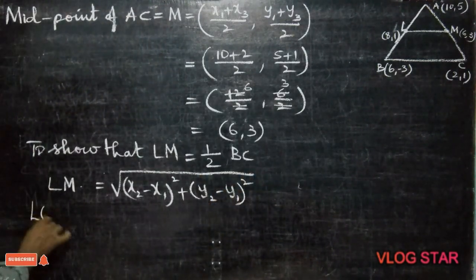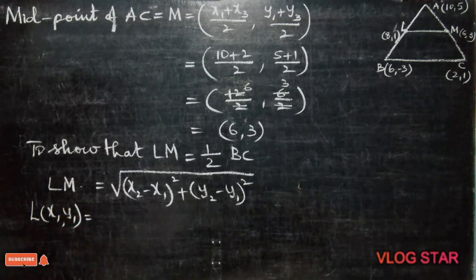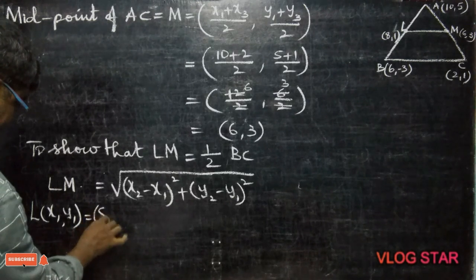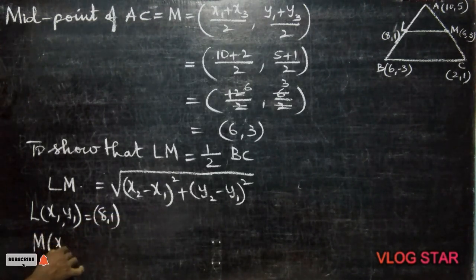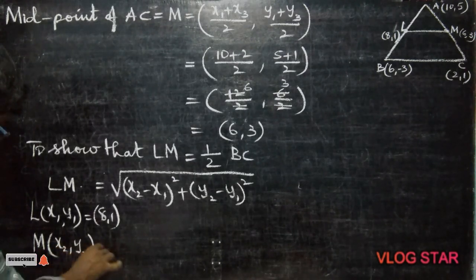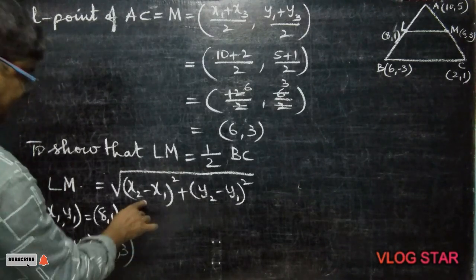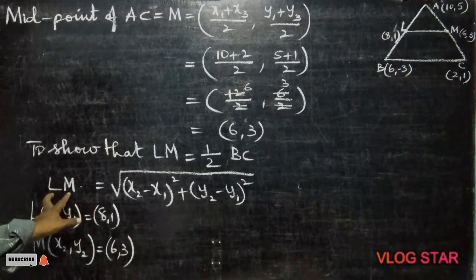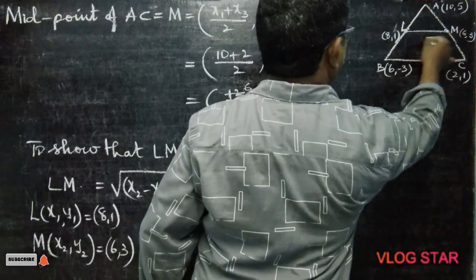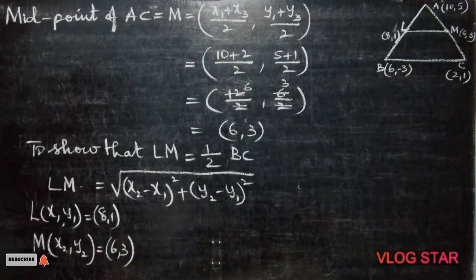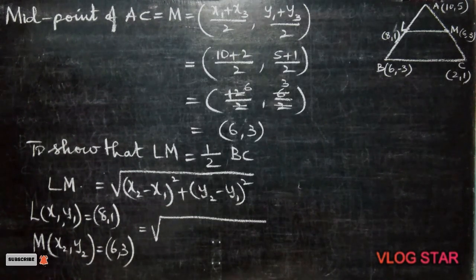Take L as x1 y1, which is (8, 1), and M as x2 y2, which is (6, 3). This is the formula we learned in the 9th class itself.